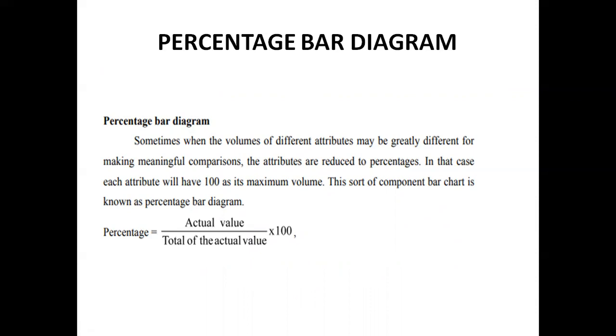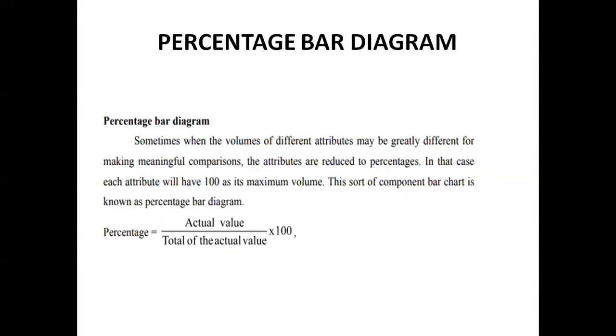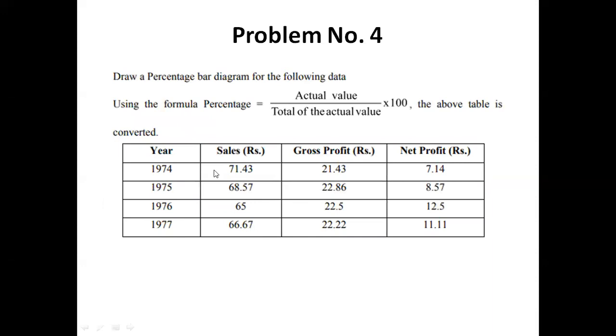Otherwise, you can simply locate this in the way I have explained earlier. If it is asked for the percentage, then convert the actual values to percentage. Let us see how it is to be converted. Draw a percentage bar diagram from the following data. So this is the formula to convert to percentage.